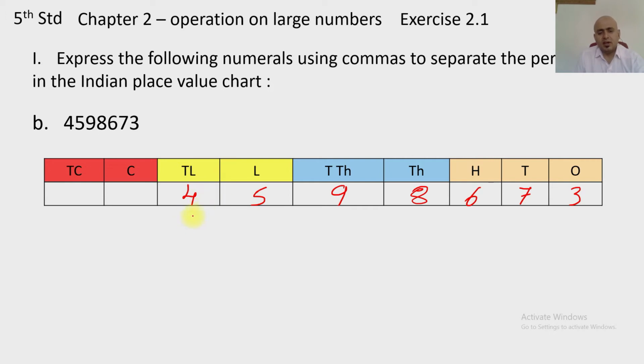So by looking at this number, we can say 4, 5 is 45 lakhs, and 98 is in the thousands place, 98,673. We can separate with commas: that is 45 lakhs, 98,673.